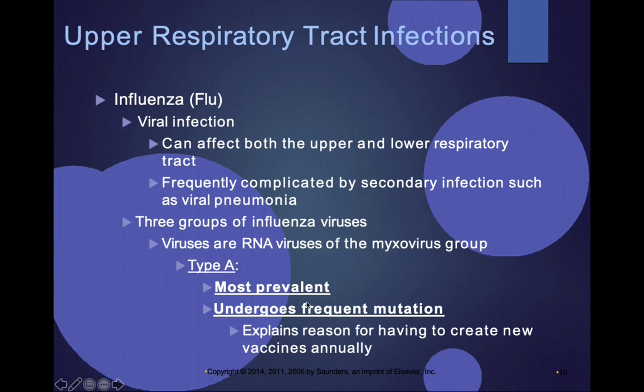Type A undergoes frequent mutation, and this explains the reason for having to create new vaccines for the flu just about every year. And it's hit or miss. If you look at the stats, in one year they'll say it's 40% effective, the next year 60% effective, the next year it could be 20%. It's really hit or miss with this because the mutation is so frequent from season to season.